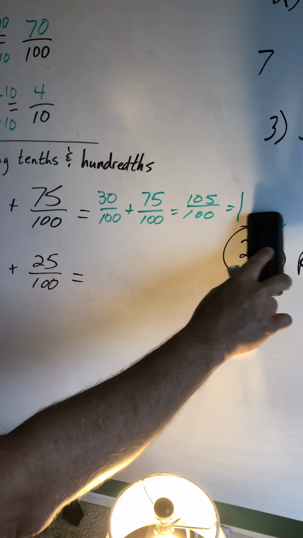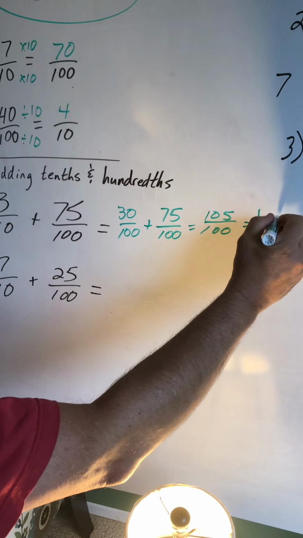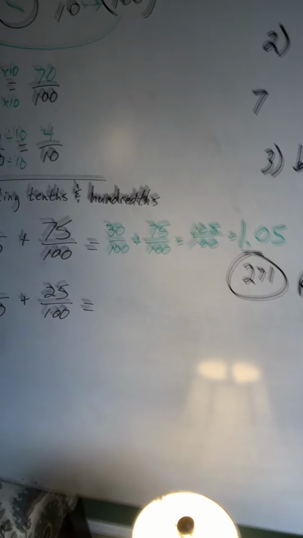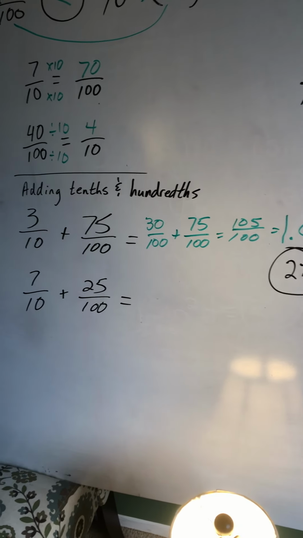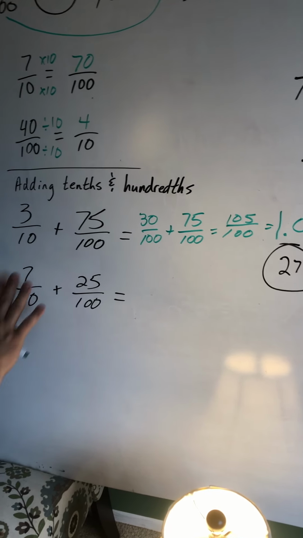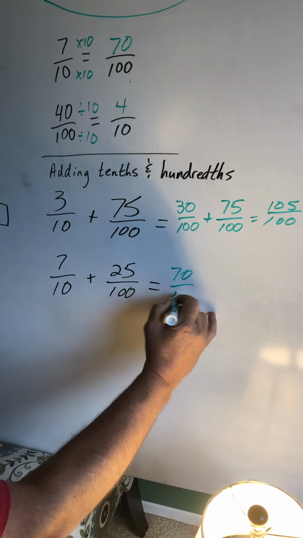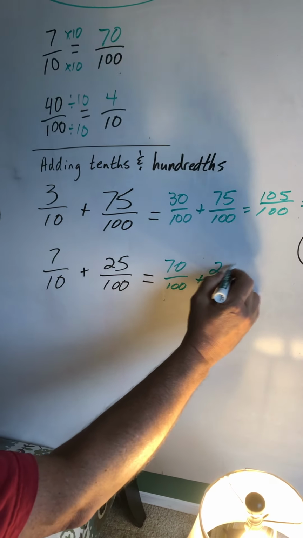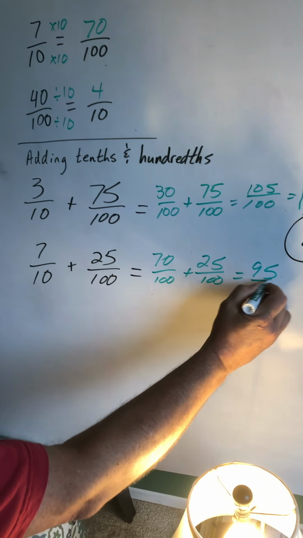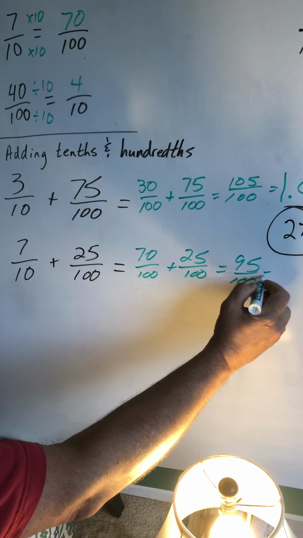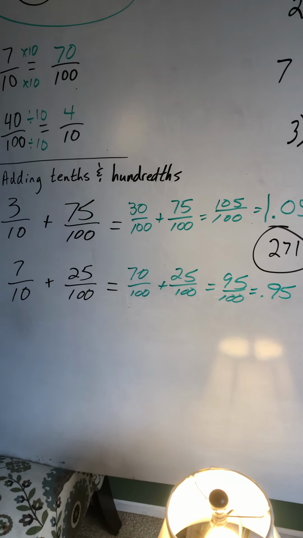I wanted to put this in decimal form for you. 1.05. Okay? What about this one? Same thing, 7/10 plus 25/100. It's real easy to change 7/10 to 70/100 plus 25/100, 95/100. Okay? And you know that is 0.95 or 95/100.